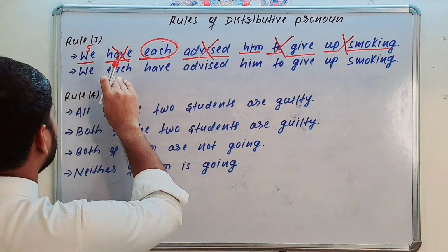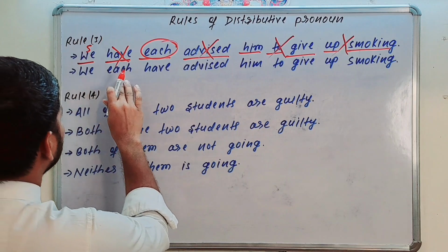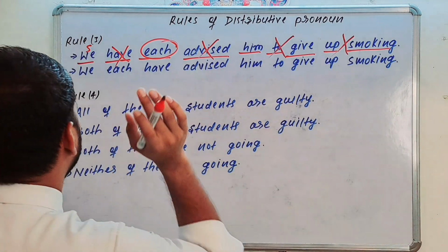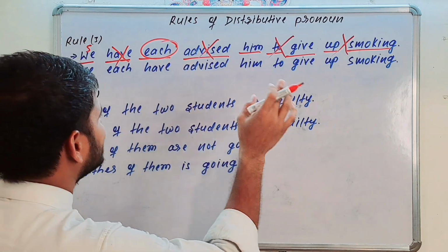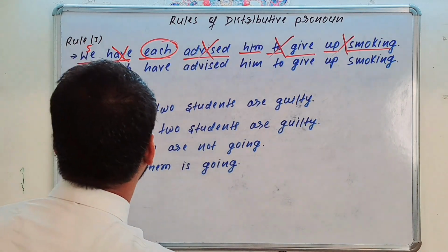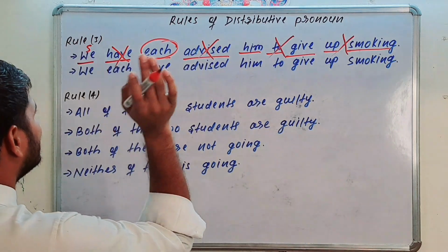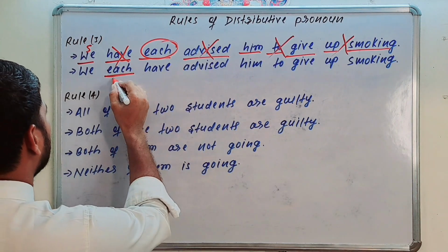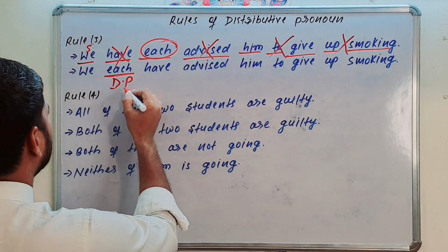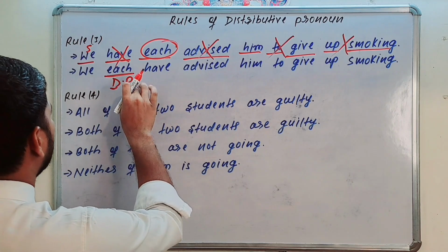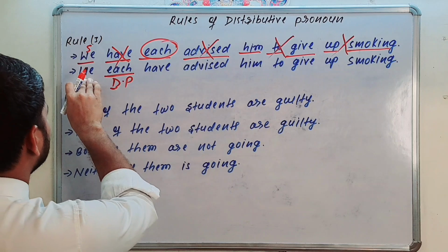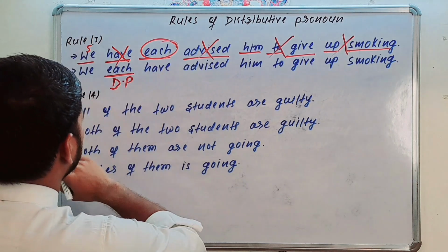Now focus on the second example. We each have advised him to give up smoking. In the second example, the distributive pronoun each is used just after the subject and before the auxiliary verb.